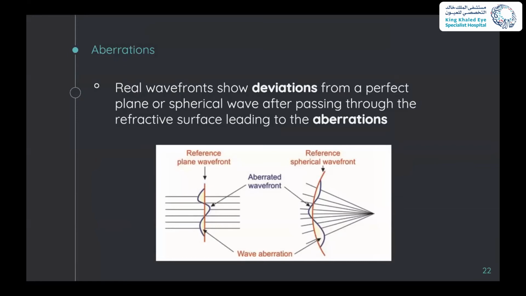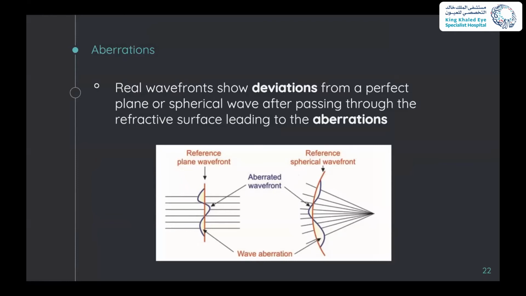The real wavefronts actually deviate from a perfect system. As they pass through a refractive surface, they are not as ideal as we're showing in these diagrams. They tend to deviate from the perfect plane. Any deviation from the ideal plane, this is what we call an aberration.